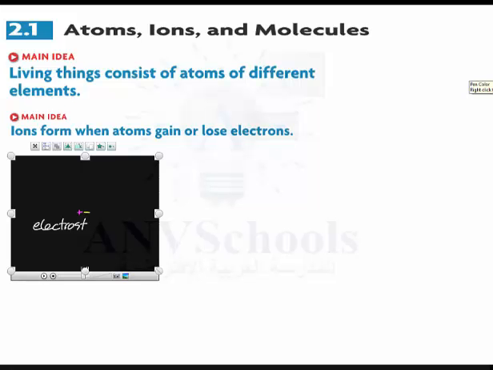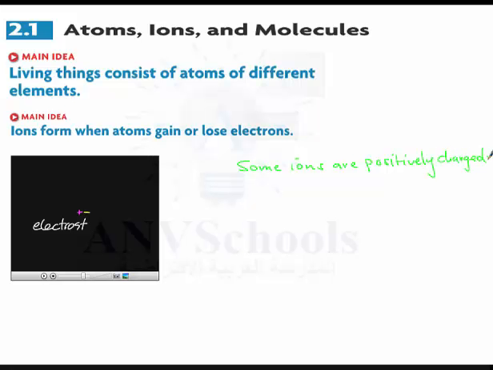We have said that some ions are positively charged, which means they lose an electron.